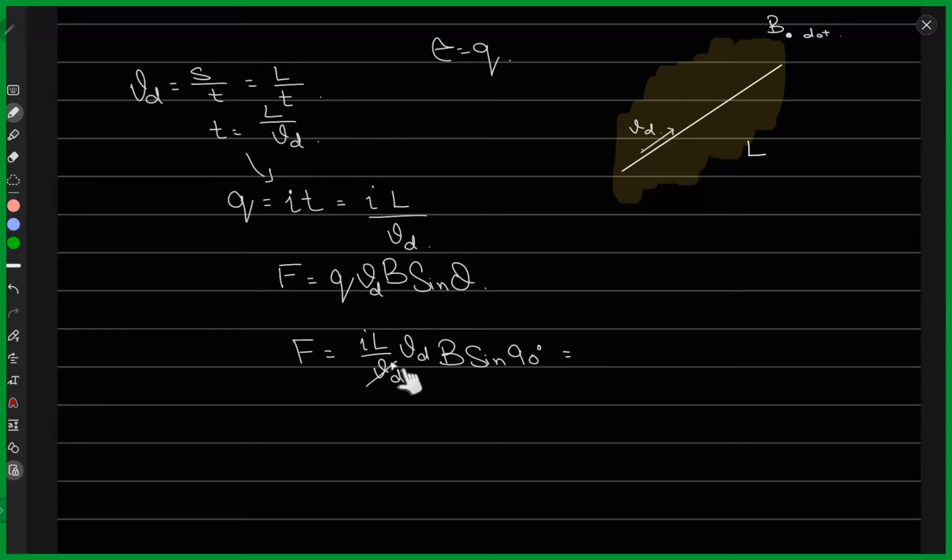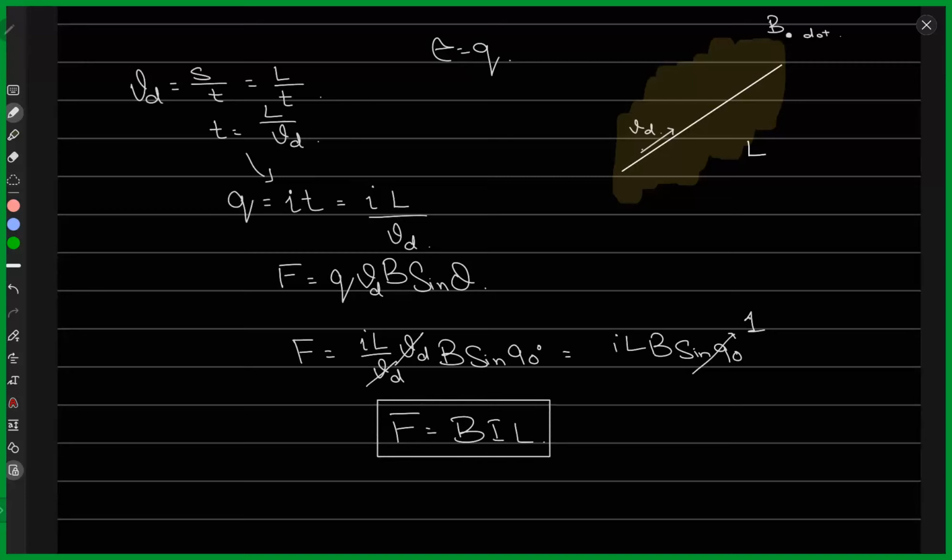Vd cancels with this, so I get ILB sine of 90. Sine of 90 is just 1. So the magnetic force on this length of wire L is usually written BIL, where B is the strength of the magnetic field, I is the current that flows through this wire, and L is the length of the wire.